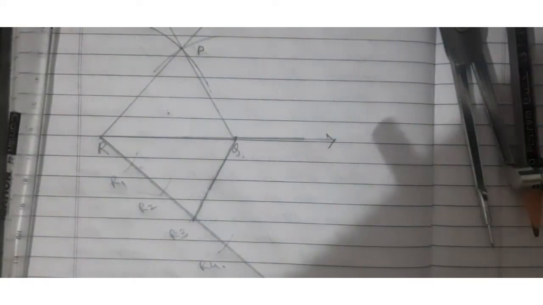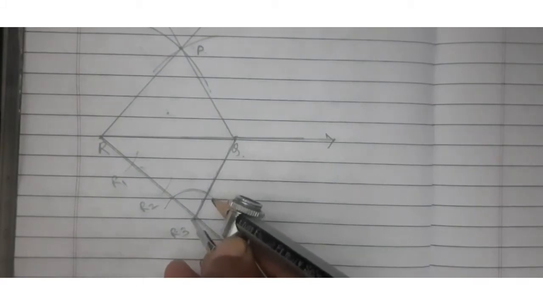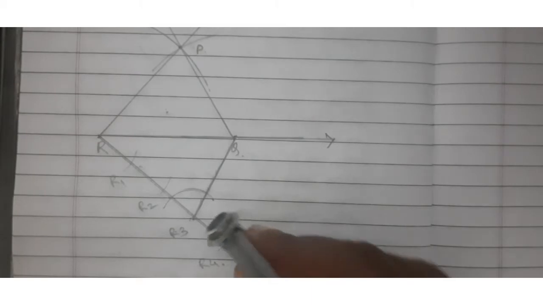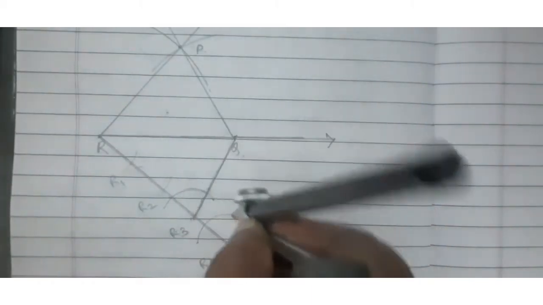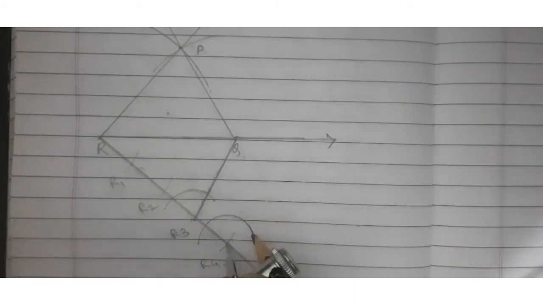Clear? Now what you have to do is, you have to take a small distance and draw an arc on R3, between RR3 and R3Q. Okay? Same measure you have to take from R4. Without disturbing the arc, you draw the arc over there by keeping the pointer of your compass on R4.